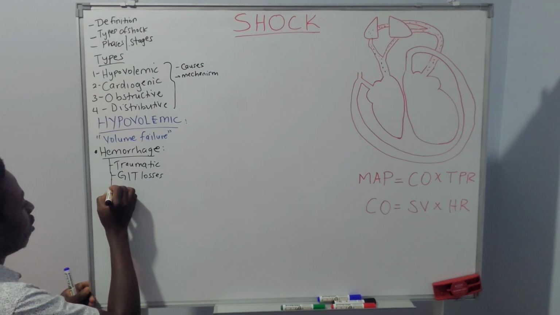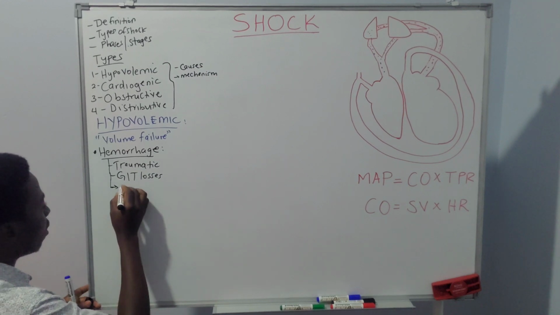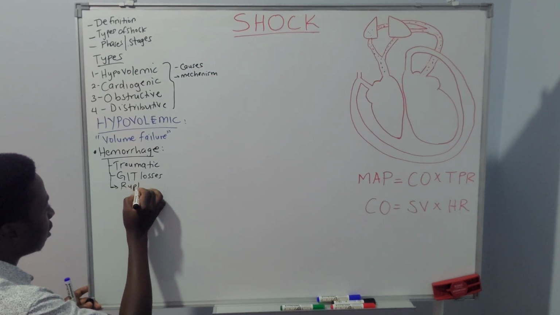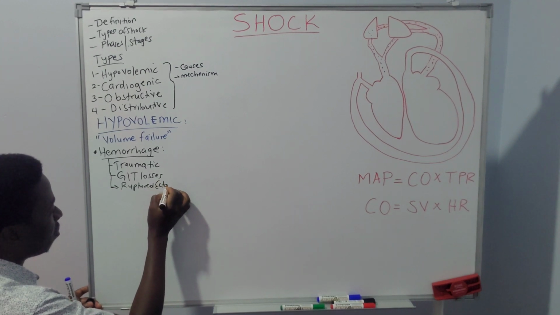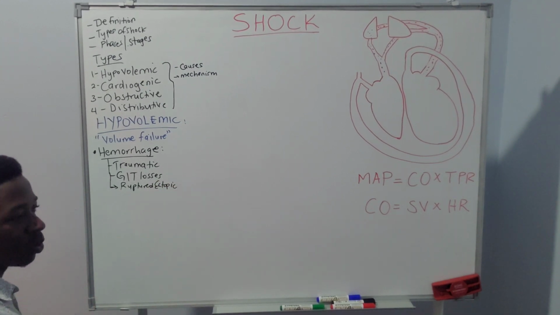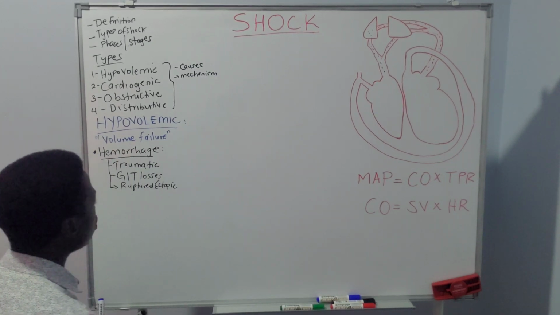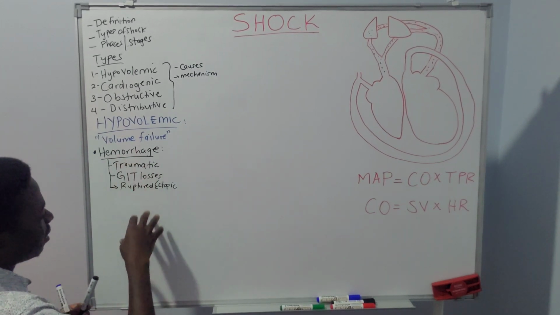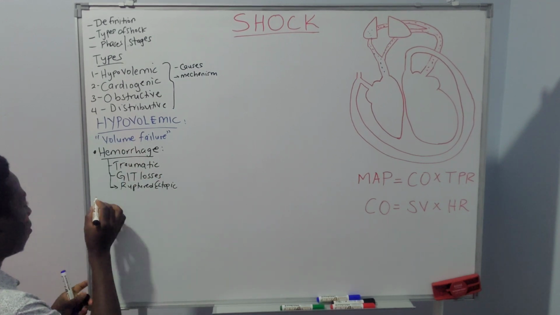You can also have, and this is common in obstetrics, mothers who have ruptured ectopic pregnancies, these ones usually bleed extensively. Even those with a ruptured uterus can bleed extensively, and you can progress into shock. So there are different things that can predispose you. You can list several of them.